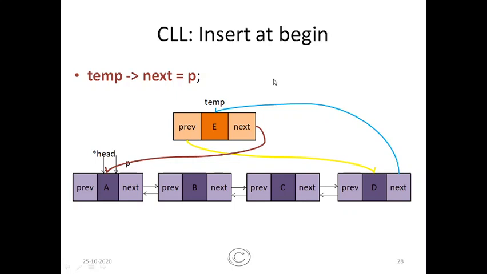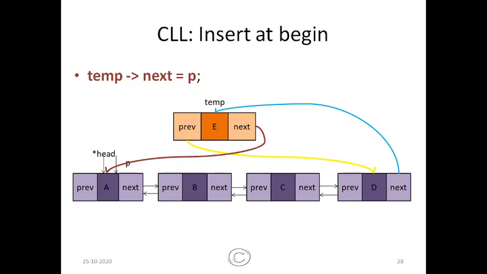Now we can go further and see that temp next will be equal to P. Temp will be the new head, so temp next is equal to P, and we can assign star head is equal to temp.